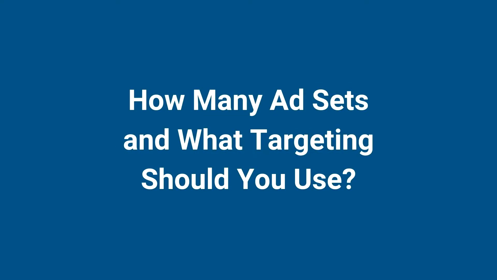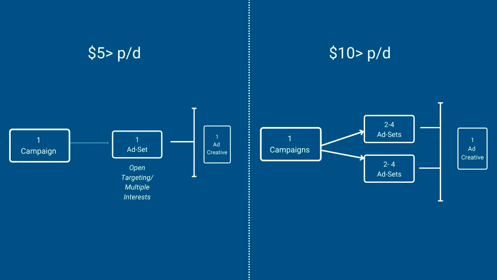Now, before jumping into the strategy, another important question is, how many ad sets and what targeting should you use? And again, this really depends on the budget. You see, if it's $5 a day, I would just use one ad set. So if you're opening your target to broad, just leave it at that one ad set and let it run until you need to do any other types of optimization. And if you have multiple interests, then here I would just do two things.